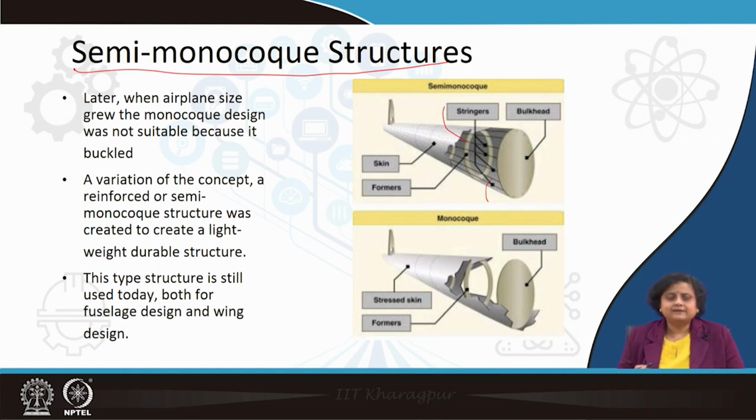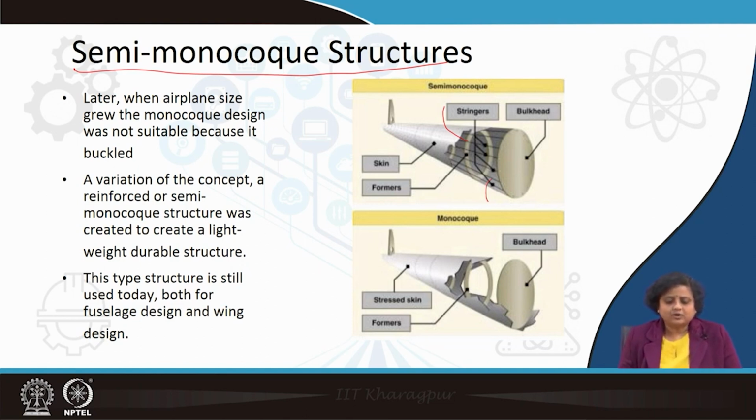So, to prevent this buckling failure, this monocoque structure was reinforced longitudinally and transversely, and that gave rise to the semi-monocoque structure, which was much more stable against buckling failure. A semi-monocoque structure is the present-day aircraft design that we see.